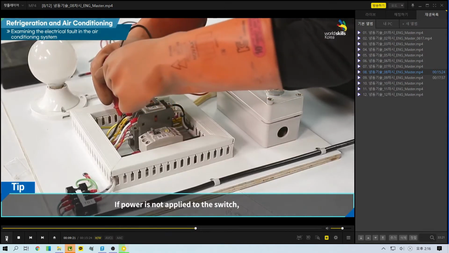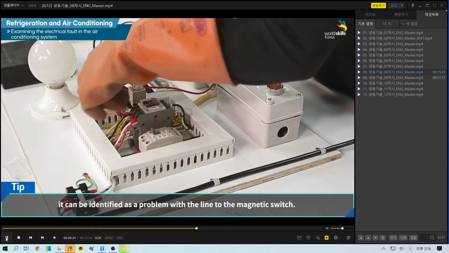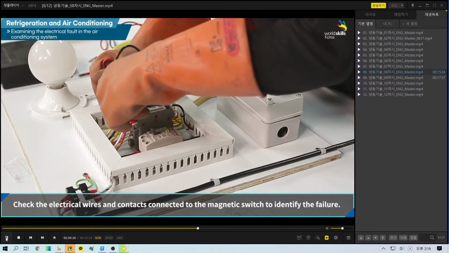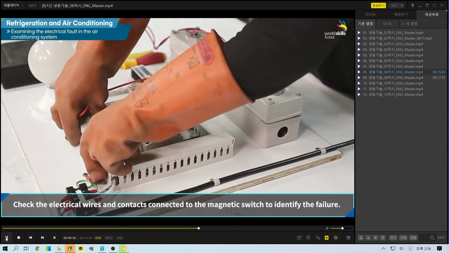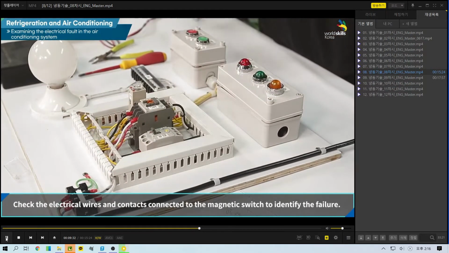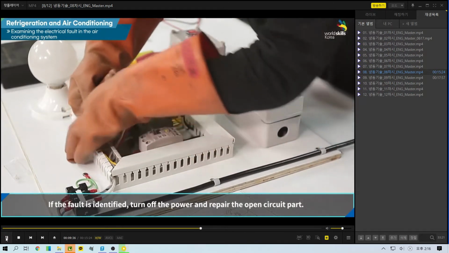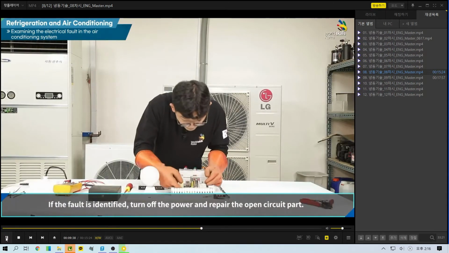If power is not applied to the switch, it can be identified as a problem with the line to the magnetic switch. Check the electric wires and contacts connected to the magnetic switch to identify the failure. If the fault is identified, turn off the power and repair the open circuit part.